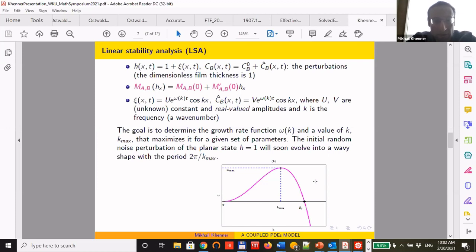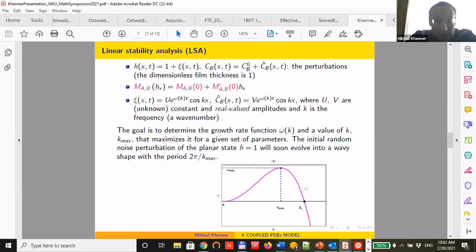And so it would be this wave with that wave number, or equivalently wavelength. Wavelength is essentially the reciprocal of a wave number. It will be this one which will be making our hill and valley structure.